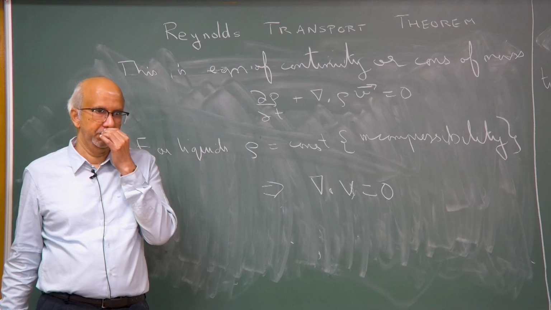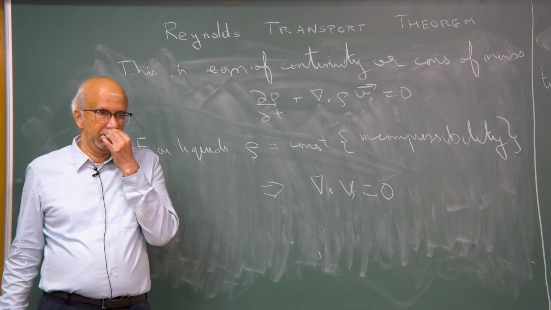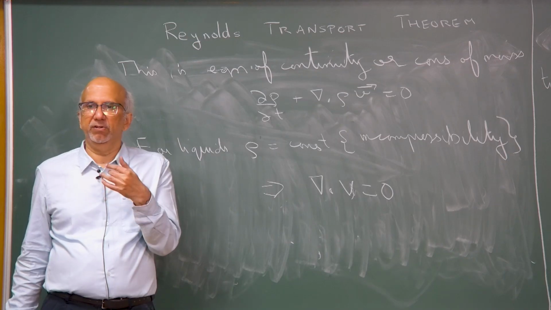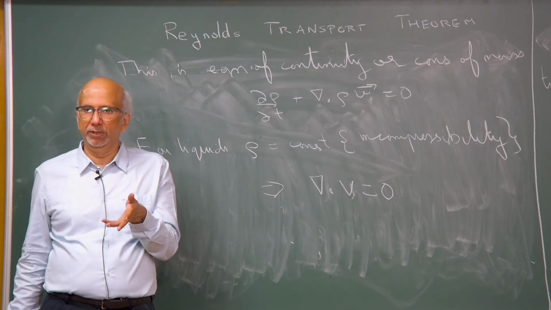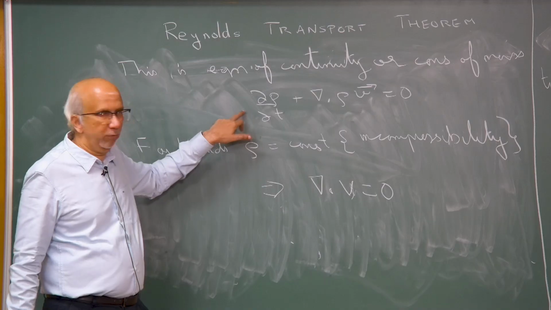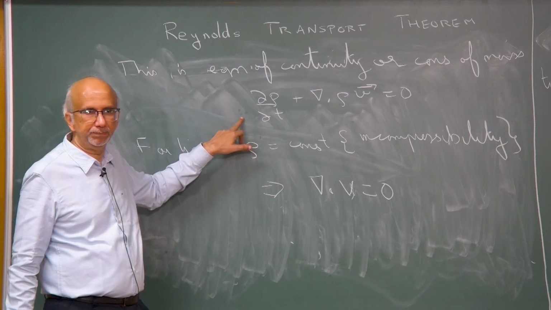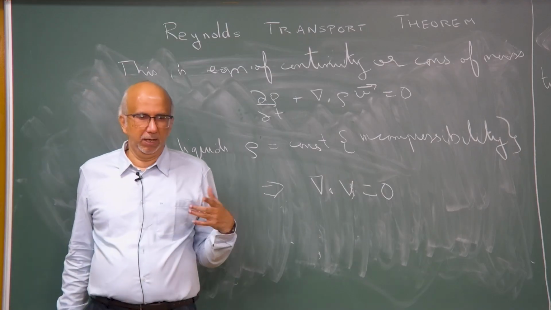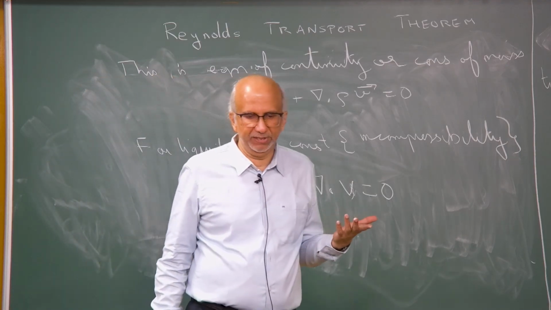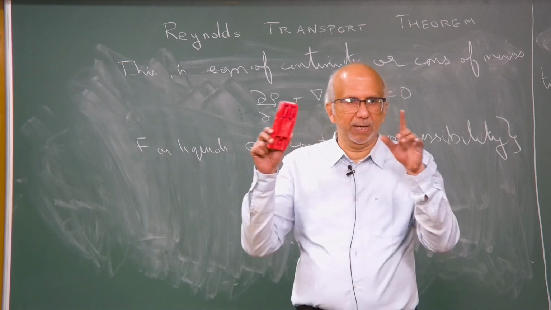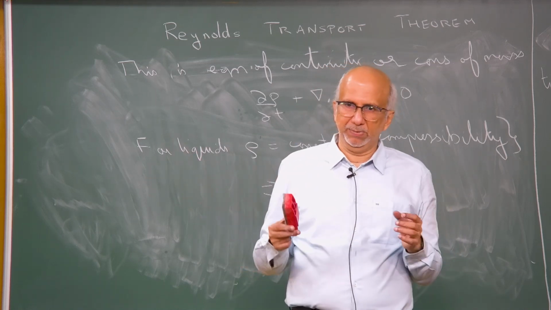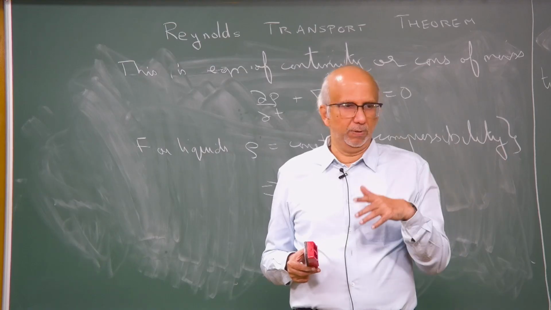Okay. If density changes, if you have a gas, a compressible fluid, then you have to use this full form. But if density is constant, you can say that. Now, some of you may have seen a derivation of this by doing a shell balance, where you take a rectangular box and then you look at what is coming in, what is going out, and accumulation and all that.